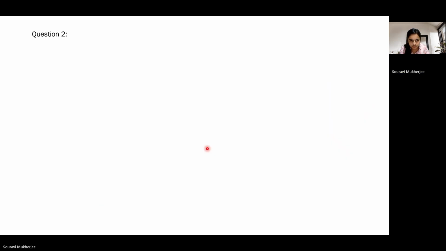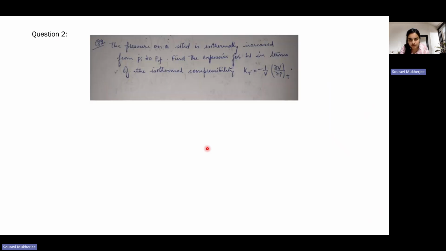Okay. Now let us try to solve some questions, right? It says that the pressure on a solid is isothermally increased from Pi to Pf. Find the expression for W, which is work done, in terms of the isothermal compressibility.